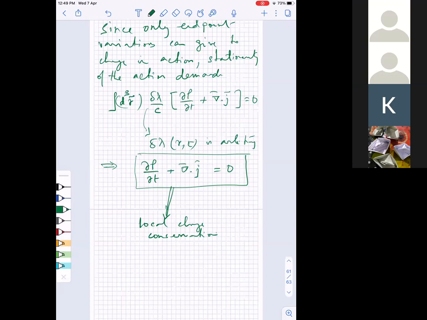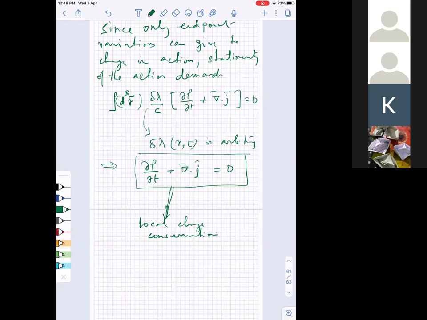So if the delta lambda is a function of R and T, a small gauge invariance at every position R and T, locally the charge is conserved. So charge conservation means there has to be a local gauge invariance, or inversely.